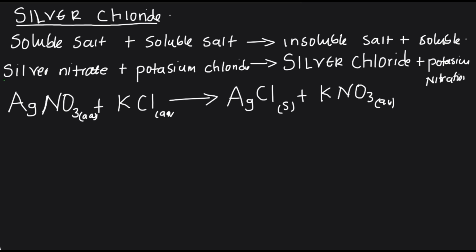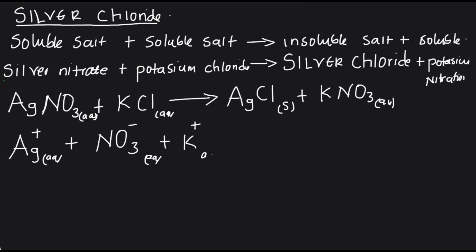Now let's say we are also taught to write the ionic equation. So we can now break silver nitrate into silver plus, nitrate minus, plus potassium plus, chloride minus, equals silver chloride. We just write it like this.